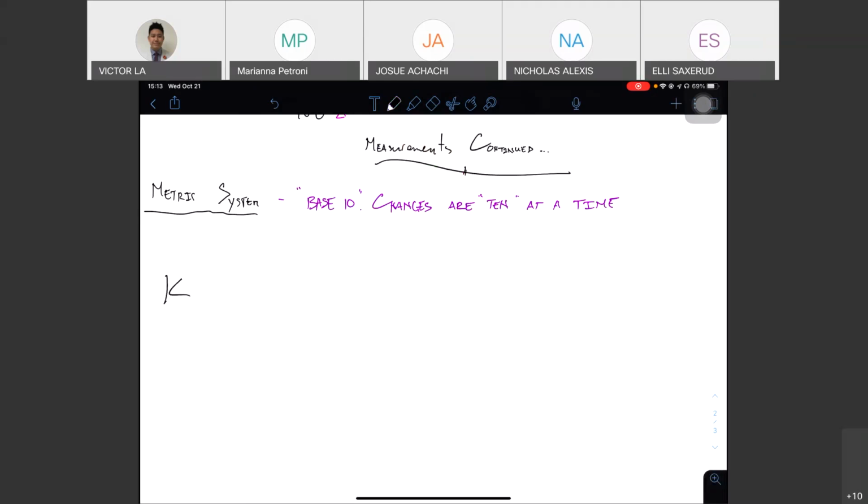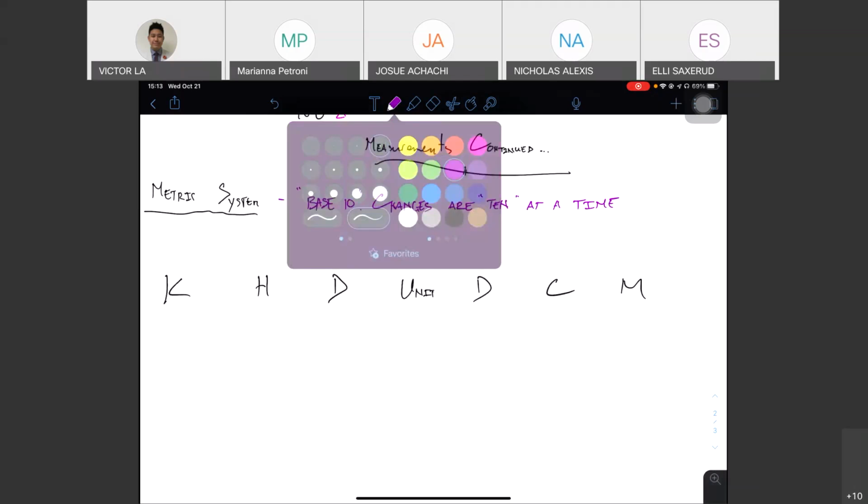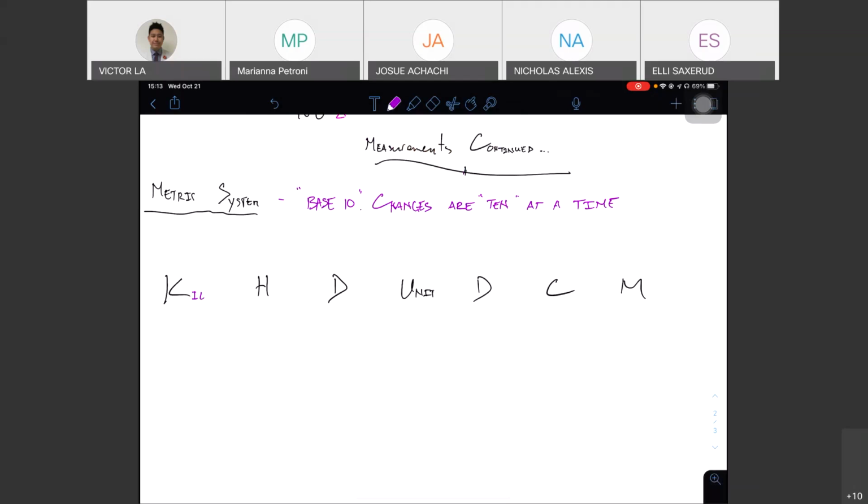K, H, D. Some people call this unit here. We'll get to that in a moment. D, C. So these actually stand for something, right? If you can't wait, I can tell you what they stand for.